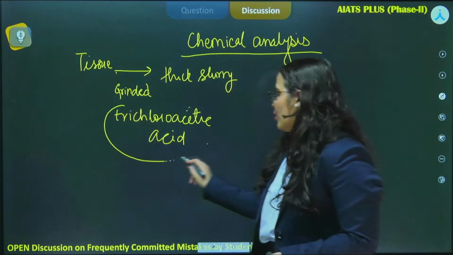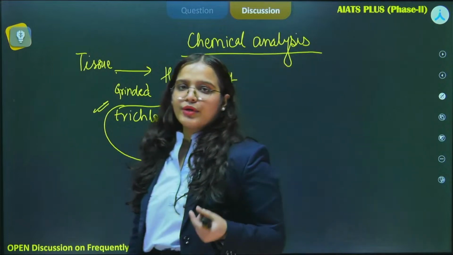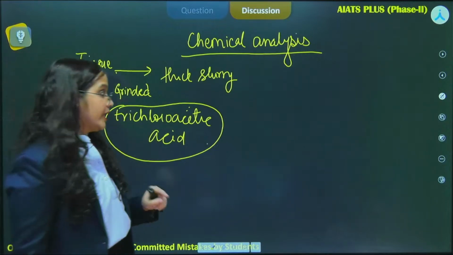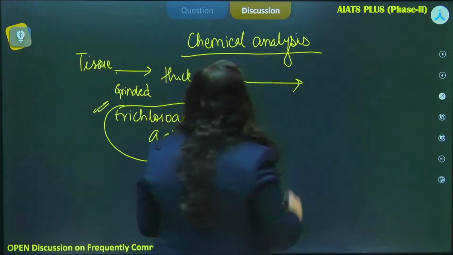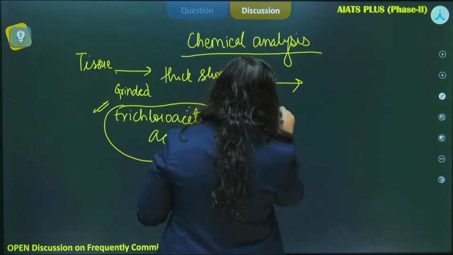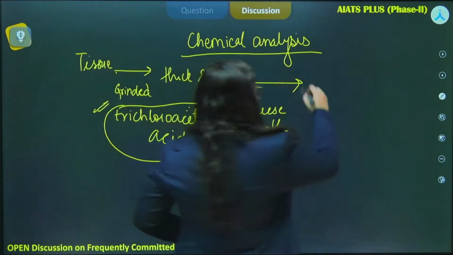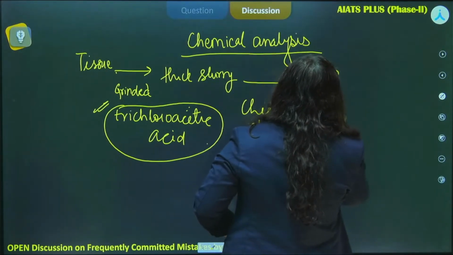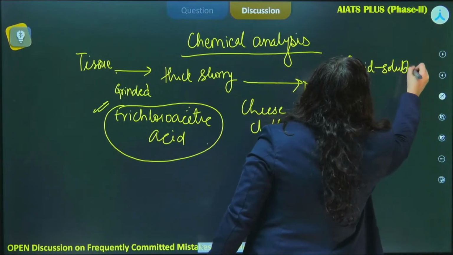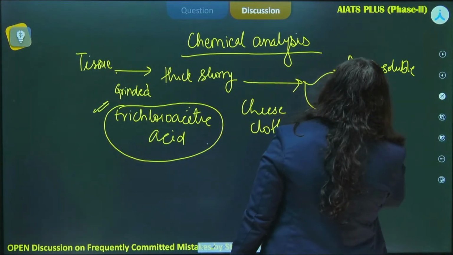Now the trichloroacetic acid used here is an important part, because questions are often asked about which acid is used to grind living tissue, alright. So the thick slurry now obtained is made to strain through a cheesecloth, and as we strain it, we will get two fractions. One will be the acid soluble fraction and the other one will be the acid insoluble fraction.